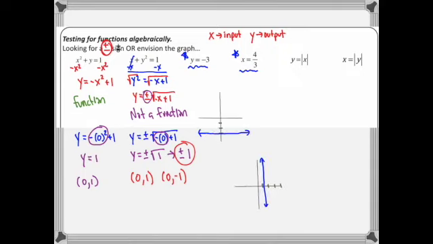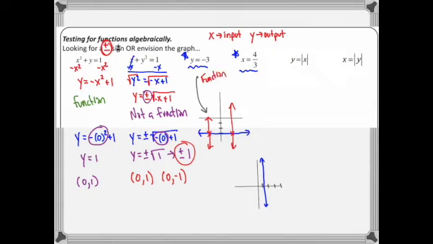Okay, so we got Y equals negative 3 right here. And we can see if we used the vertical line test for that one, it would pass because it's only going to hit once. Okay, so this is a function.